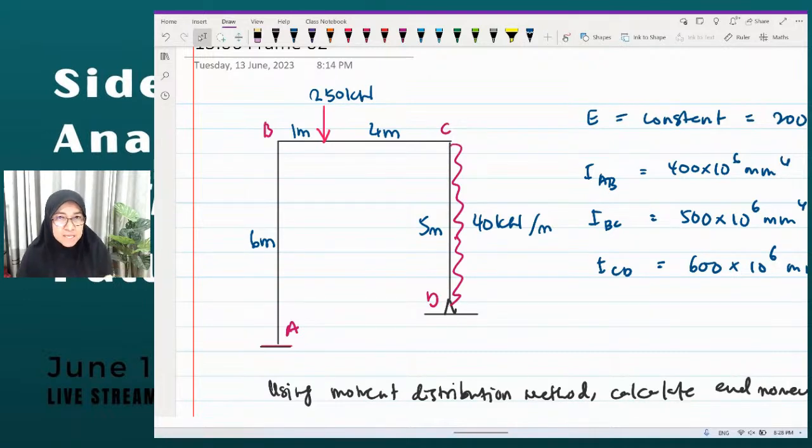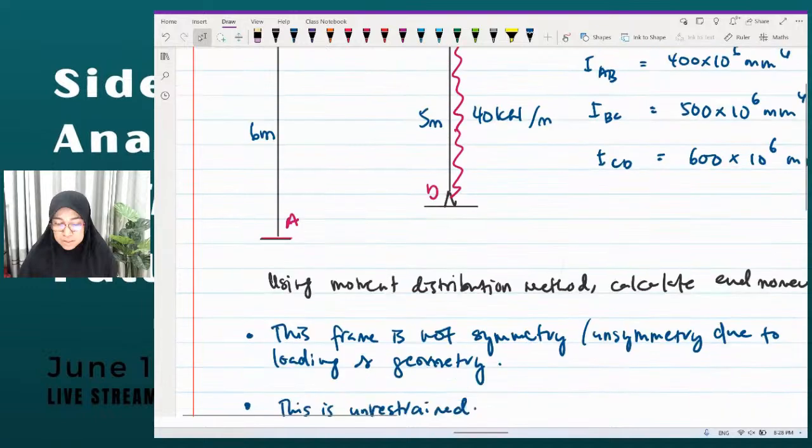So P subjected on member BC is fixed end moment. W subjected along member CD is fixed end moment, because we have to distribute the loading to the nodes.